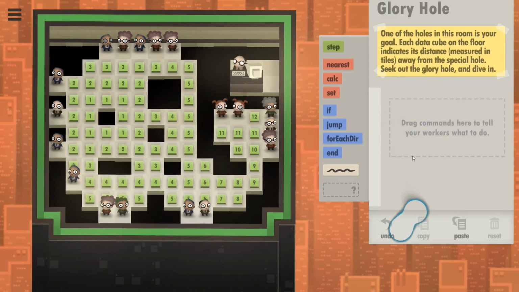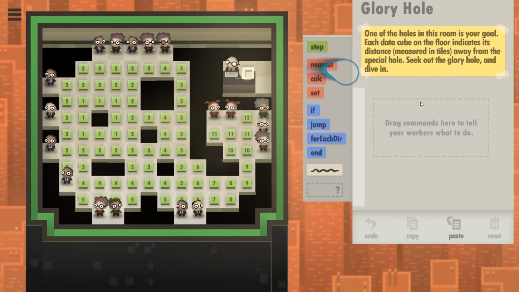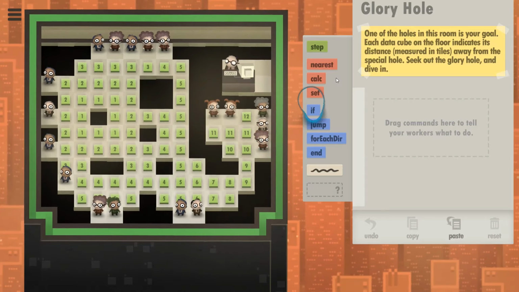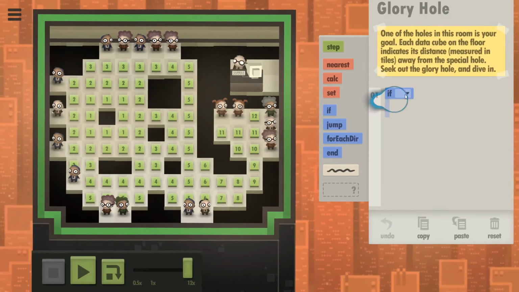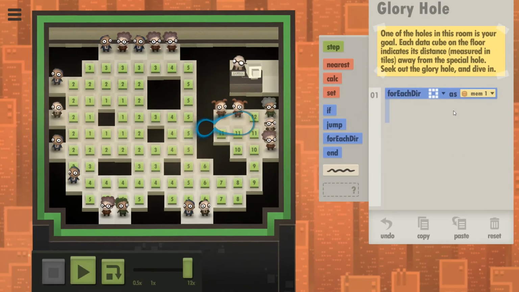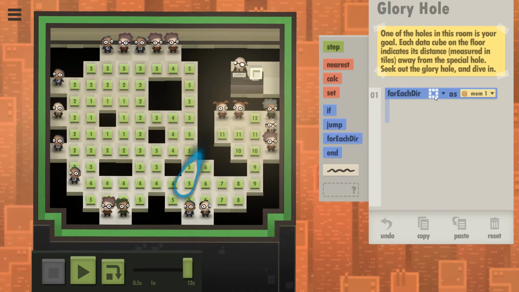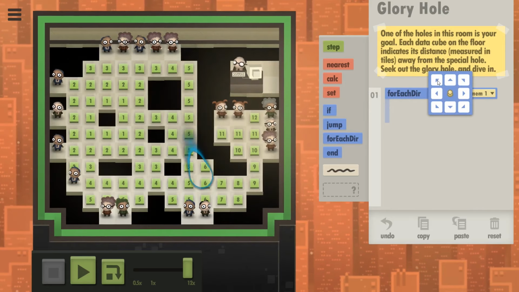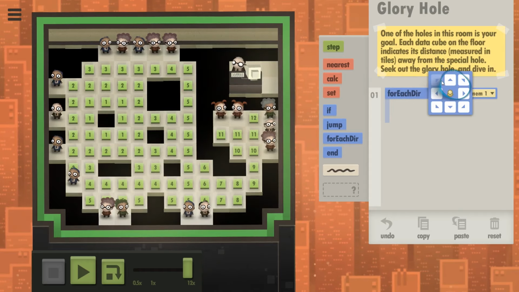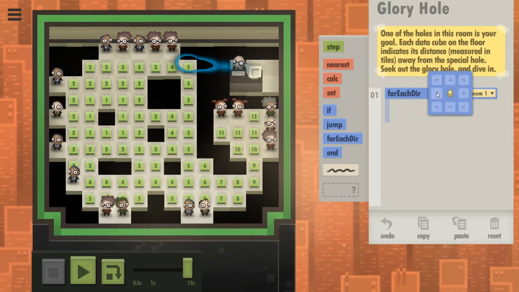Alright, so how do we do... Oh, dang it. I want to do a better job of storing these, in case I need to come back later. Okay, so actually, the first one we do is for each direction. So what we can do is we can actually limit this to start with.